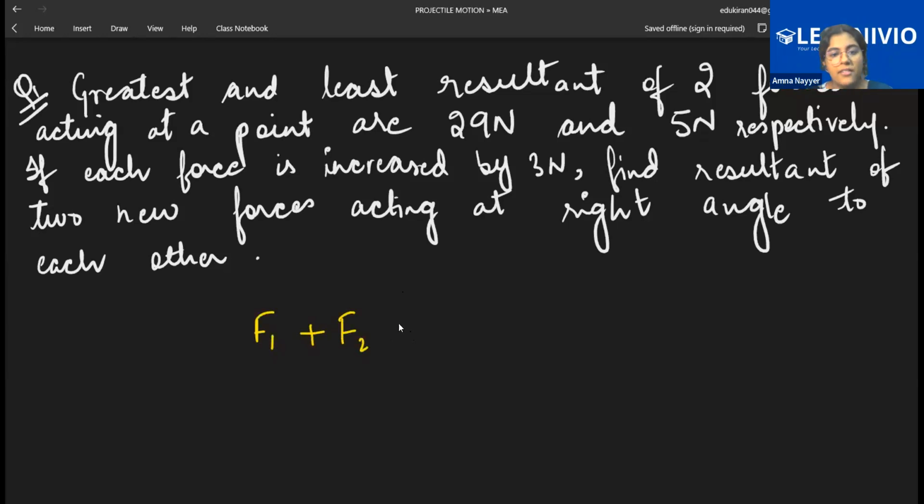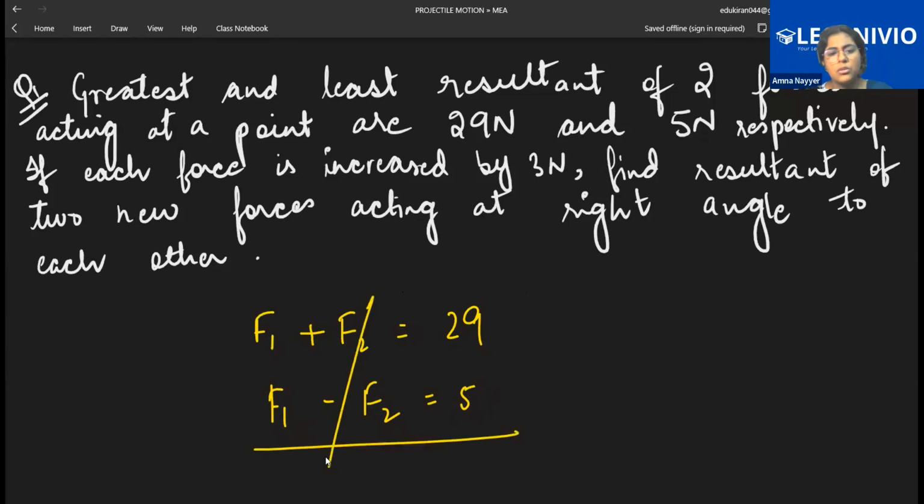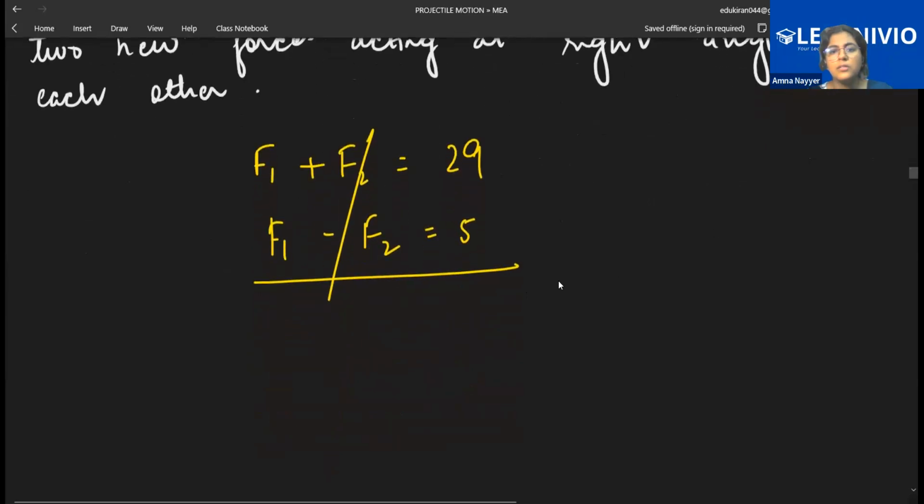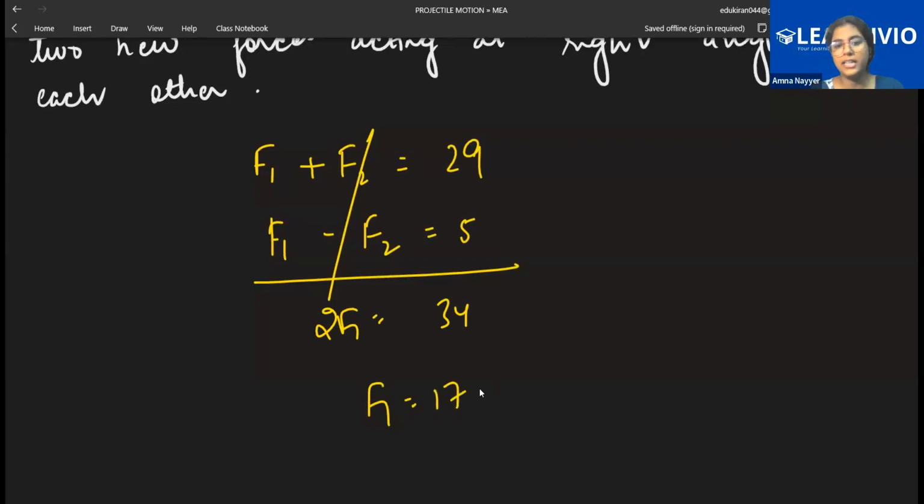So F1 plus F2 is 29 and F1 minus F2 is 5. So we can add them. F1 becomes 34, so 2F1 is equal to 34.